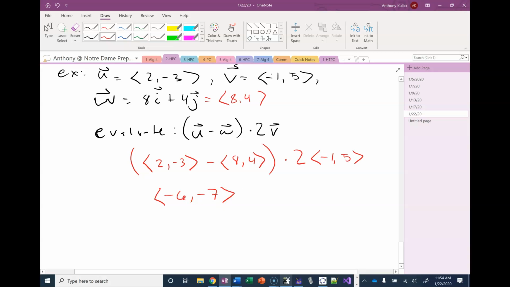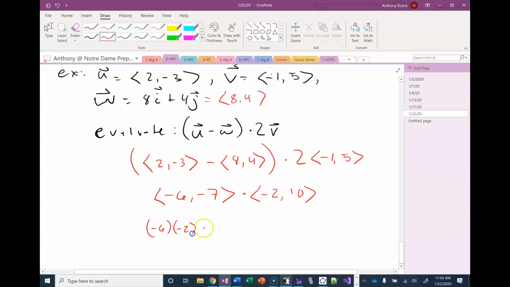That gives me -6, -7. 2 minus 8 is -6. -3 minus 4 is -7. And then I'll do the scalar multiplication. So that gives me -2, 10. 2 times -1 is -2. 2 times 5 is 10. And now I'll perform the dot product.